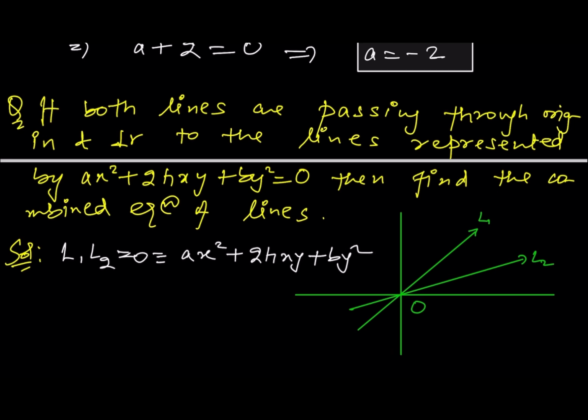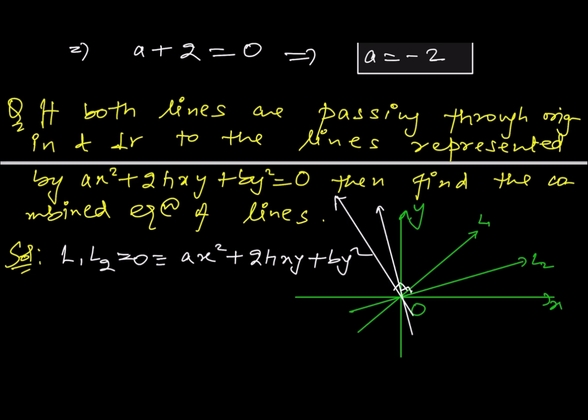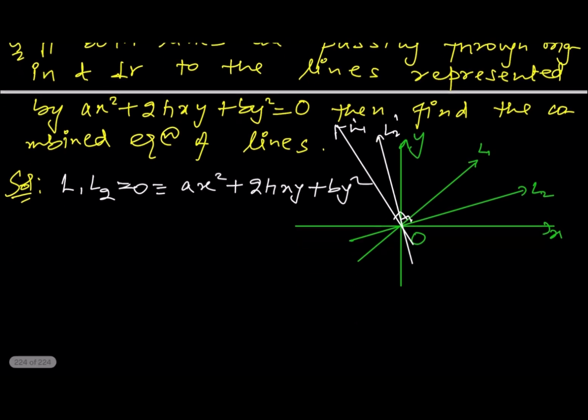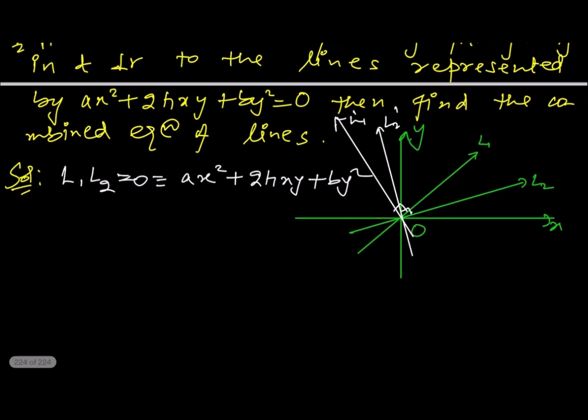But we have to find the equation which is perpendicular to L1 and L2. Say this is L1 dash and this is L2 dash, so we have to find L1 dash into L2 dash.